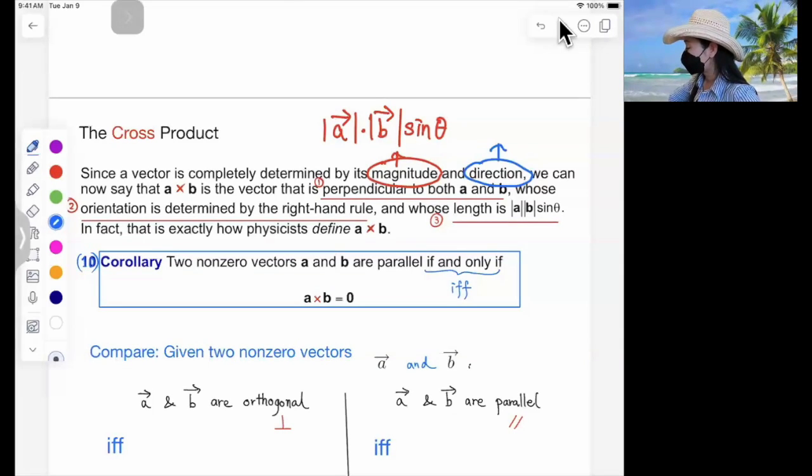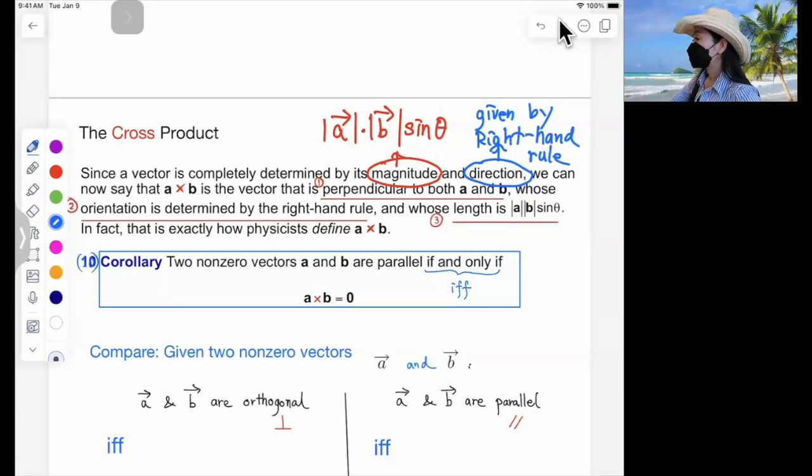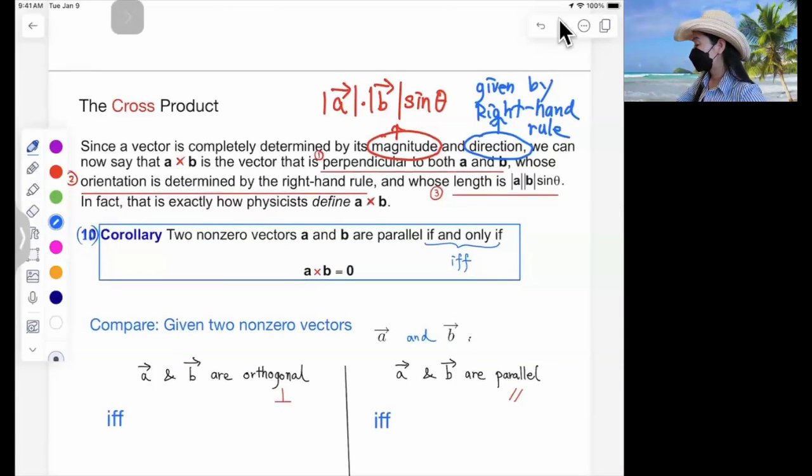Direction is given by the right hand rule. So you know both, then you can determine the cross product, in this direction and with this magnitude. It is perpendicular to both A and B, the orientation is determined by the right hand rule, and the length is given right here.